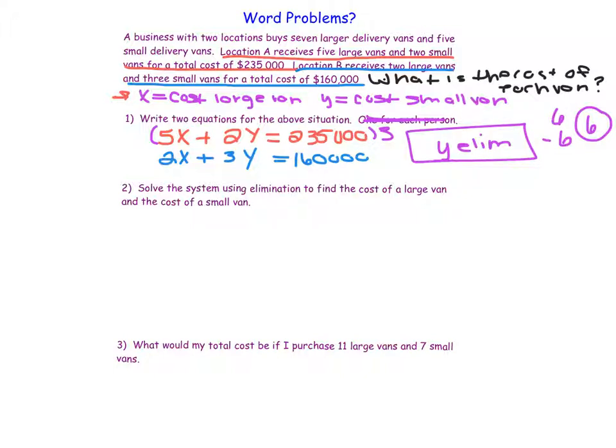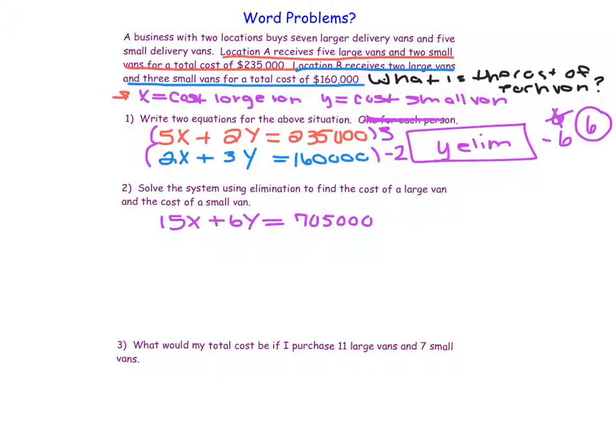So if I multiply through everything by 3, I end up with 15x plus 6y is equal to 235,000 times 3, which is 705,000. Now I've rewritten one equation and used up the positive 6. So I need the second equation to have a coefficient of negative 6. I'm going to multiply everything by a negative 2 to make that 3y become a negative 6.